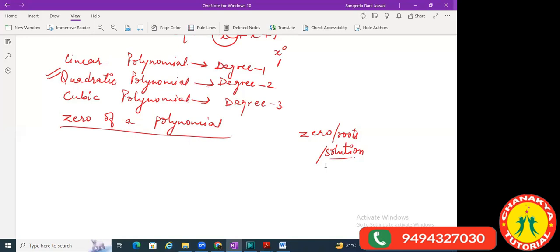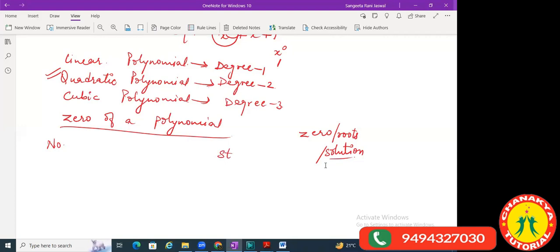So the number of zeros. Now I have said a linear polynomial is that which has degree 1. So first we'll speak about linear polynomials. Linear means what? Linear means when you plot a graph of any linear equation, you always get a straight line graph.